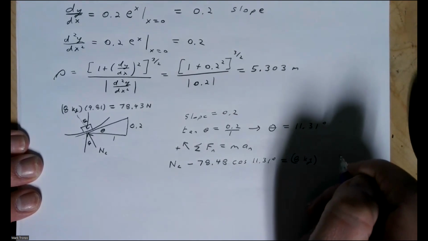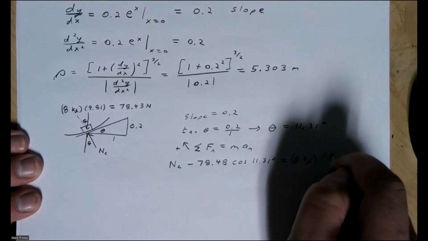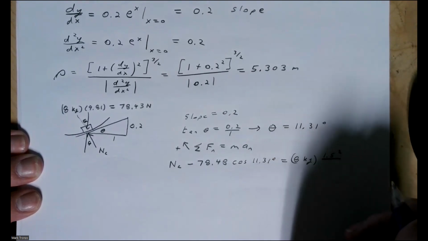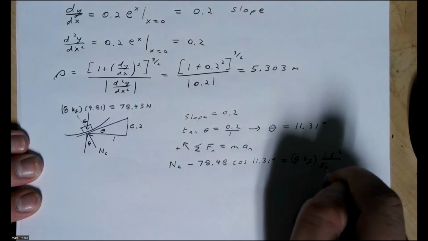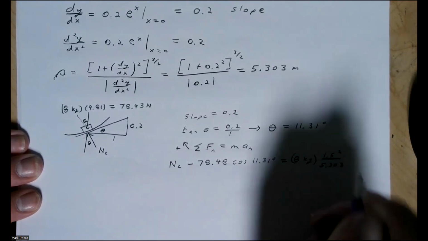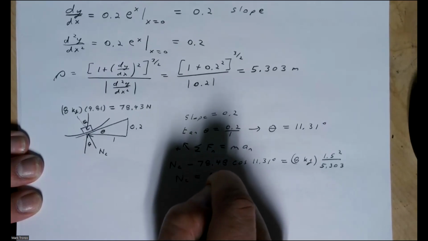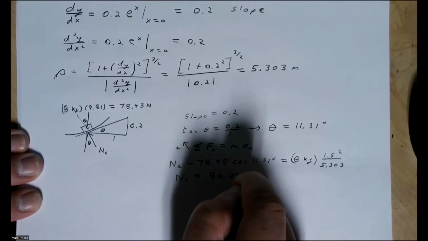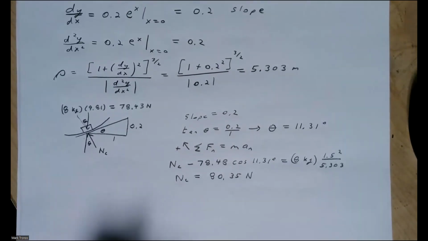The velocity we're told was 1.5. And the radius of curvature was 5.303. So the normal is going to be 80.35 newtons, like this.